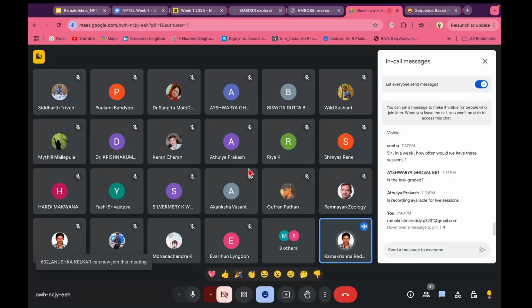Even the joining links for the other sessions and my session, every week a notification mail would be posted on the announcement portal on NPTEL.